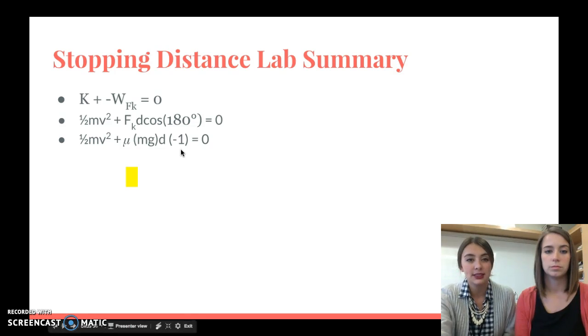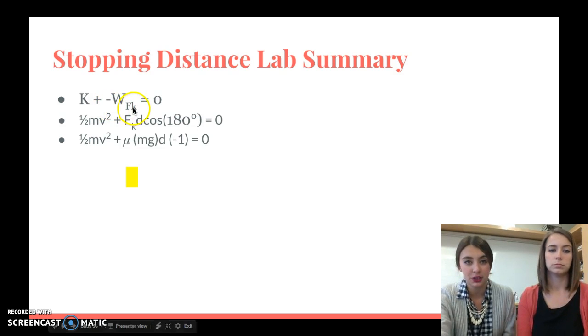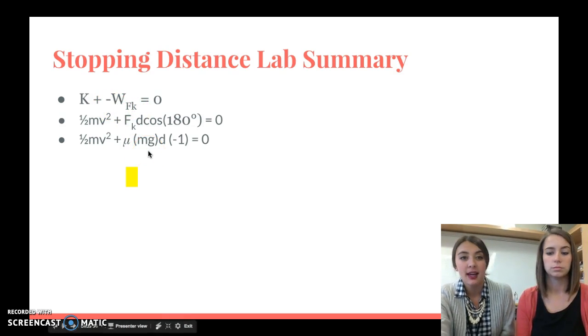One thing to note is to make sure that you don't add a negative twice. You have a -1 here, which represents the negative work done by the force of friction, but we don't want it to be kinetic minus the negative work done by the force of friction, because that would be a double negative and that would end up not having a final energy of 0. So make sure that you're placing your negative somewhere and you're not doing it twice.